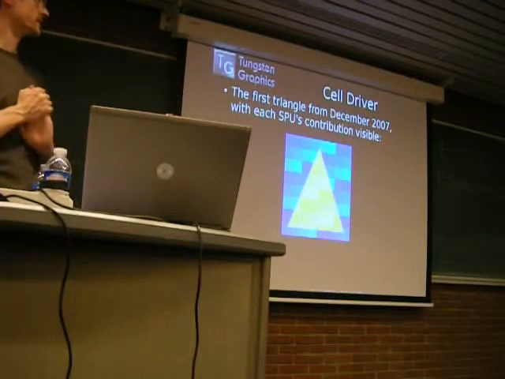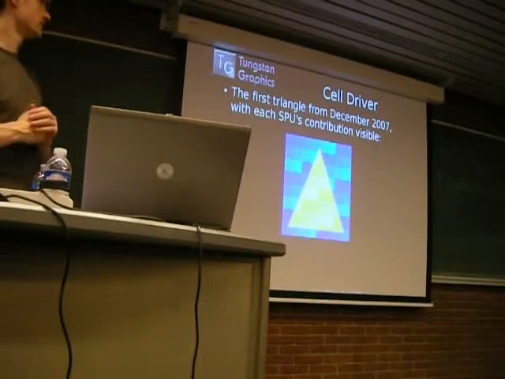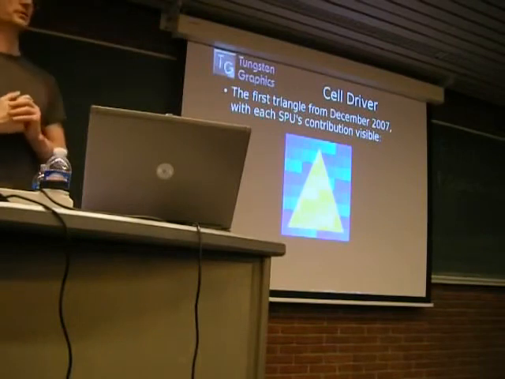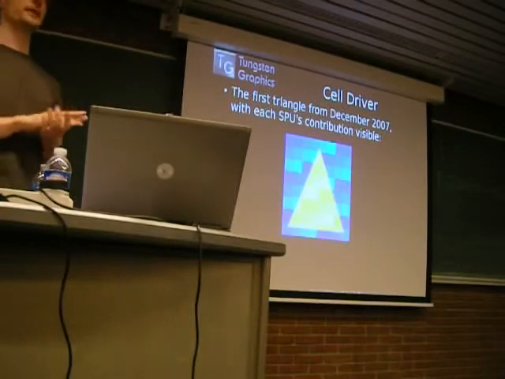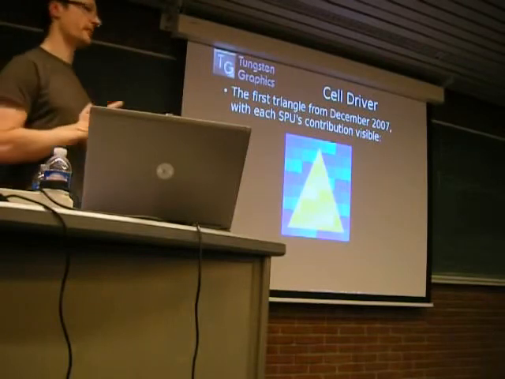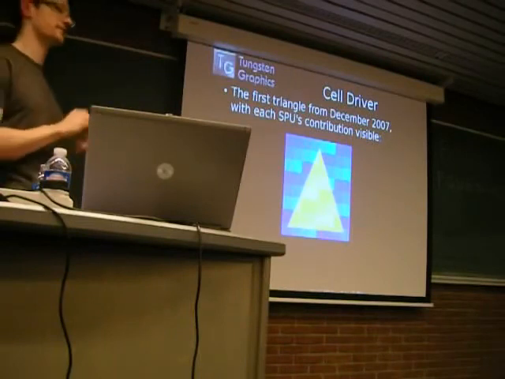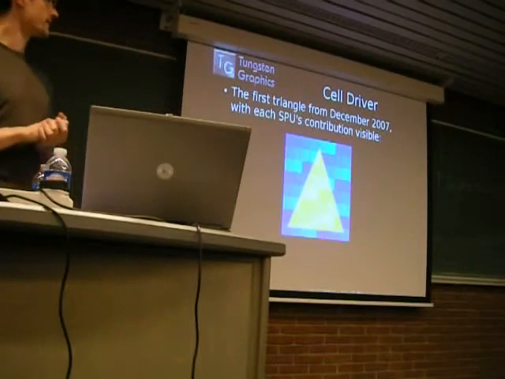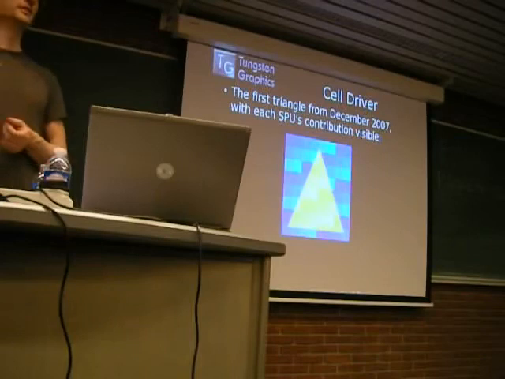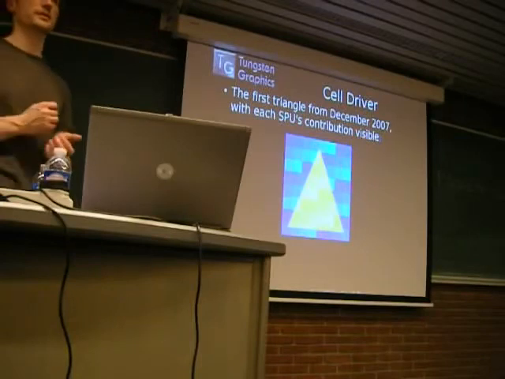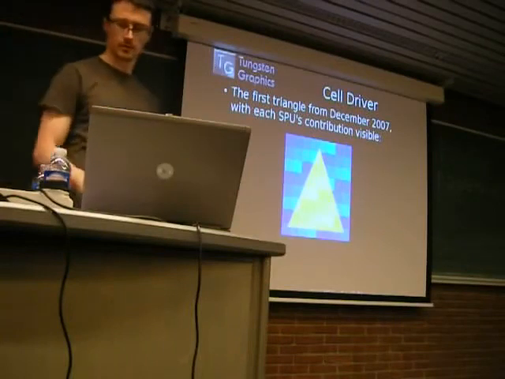So I think there's a possibility that a well-optimized Cell driver could be a pretty competent mid-range GPU, especially if you think about the fact that the Cell's been out for a few years now. If you're going to compare it against GPU hardware, you probably compare it against the hardware that was being released at the same time that the Cell came out. In that cohort of GPUs, you'd probably find that a well-optimized Cell driver is actually a contender. But we have to get there first, and that's happening.